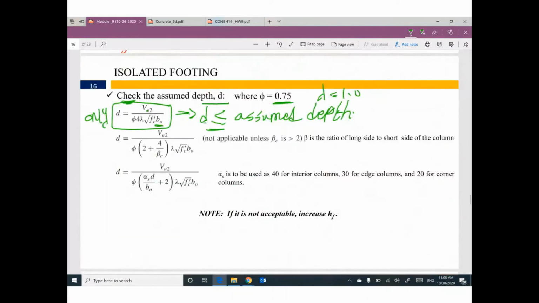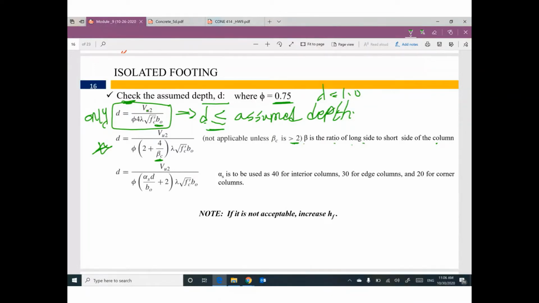The second expression is used if you have a rectangular column. So I'm going to add here beta c, and this beta c must be greater than 2, and beta is the ratio between the long side to the short side of the column.